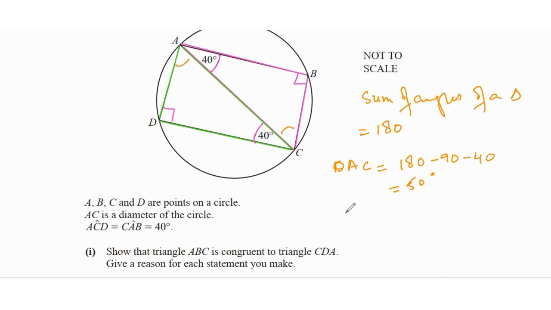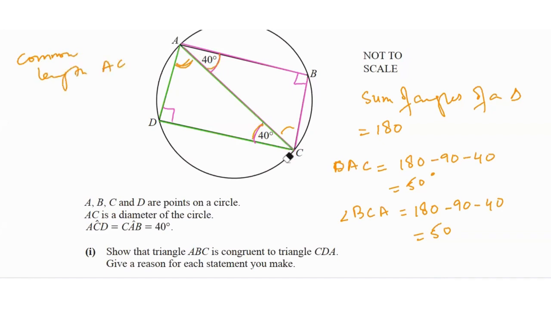And similarly, angle BCA would also be 180 minus 90 minus 40, which is 50. As you can see, all the angles are same for both the triangles. As we can see, all the angles are equal and they share a common length of AC.